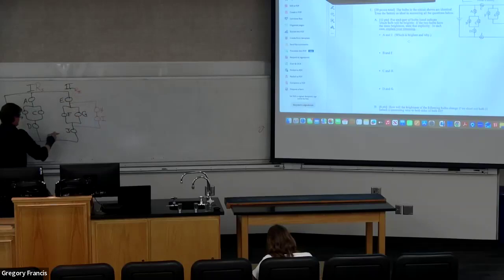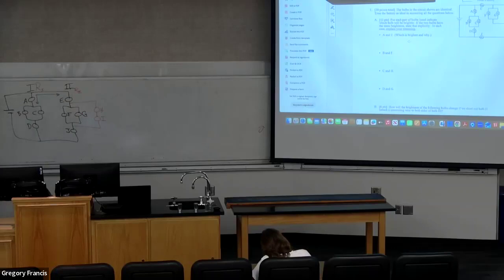I've got a new opportunity for flow. So when the current splits here, I'm going to get more than half going that way and less than half going this way.